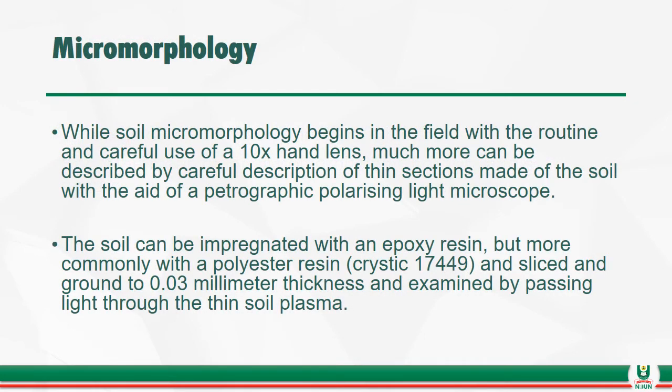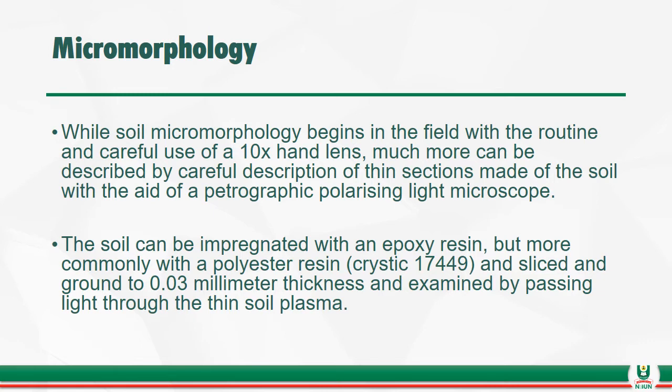Now, micromorphology. Soil micromorphology begins in the field with routine and careful use of about a 10 hand lens. Much more can be described by careful description of thin sections made of the soil with the aid of a petrographic polarizing light microscope.